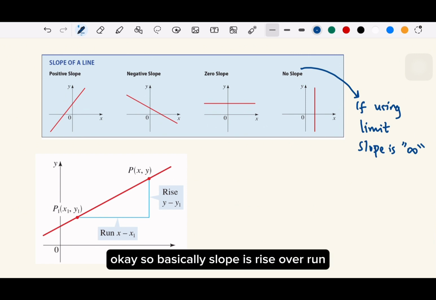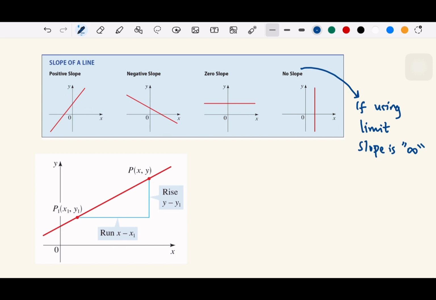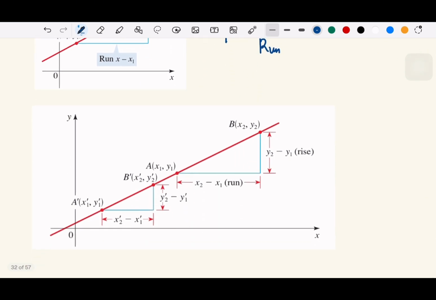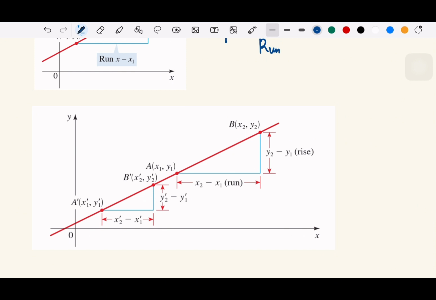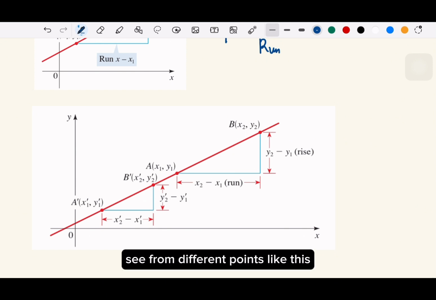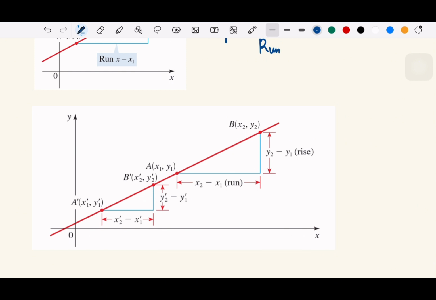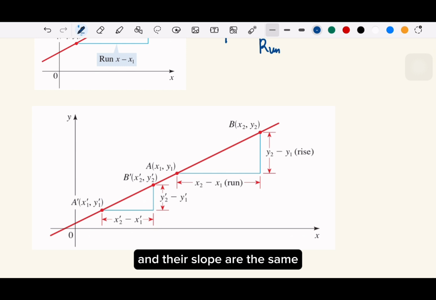Basically, slope is rise over run. So we can also see from different points like this, and their slopes are the same.